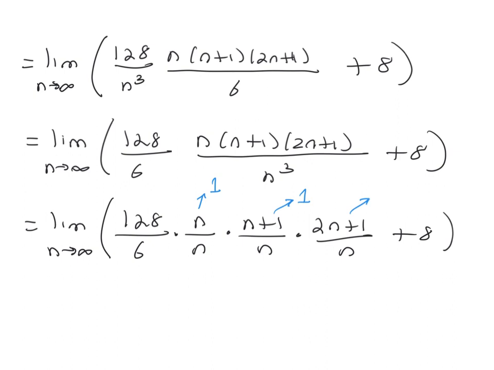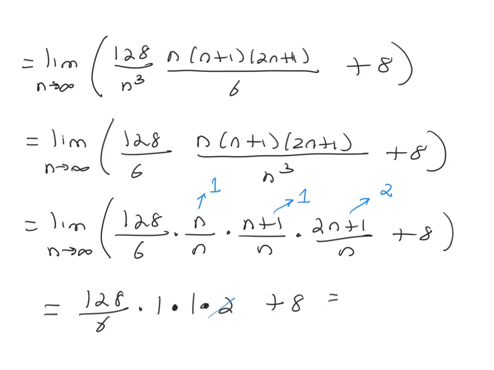This last fraction here goes to 2 because the ratio of the numbers in front of the n's is 2 and 1. If you evaluate this limit, it equals 128 over 6 times 1 times 1 times 2. Then we have plus 8. So that's multiplication. If we simplify this down to a single number, there's not a whole lot we can really do.